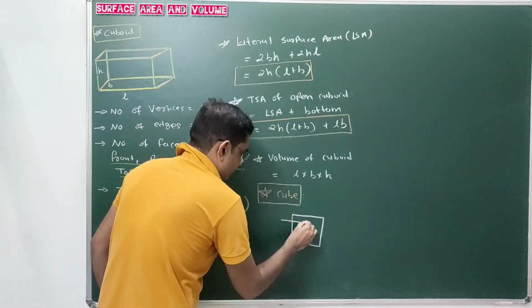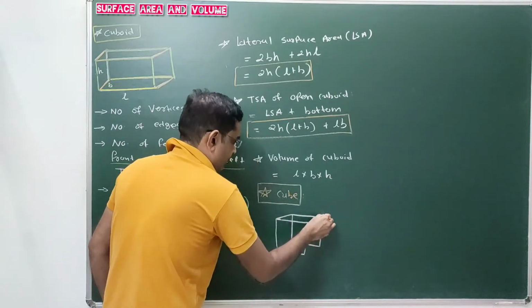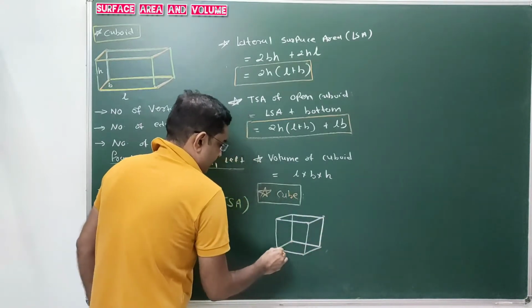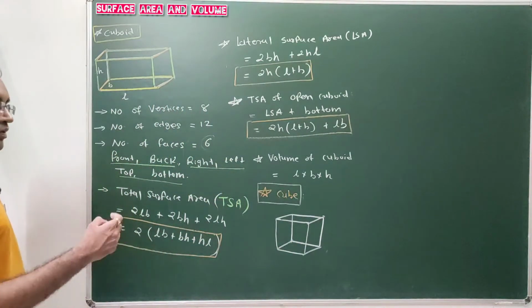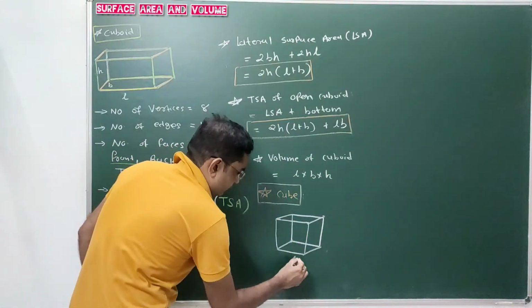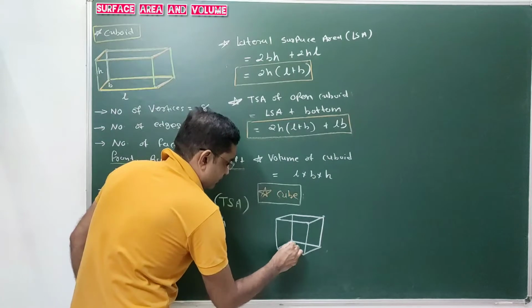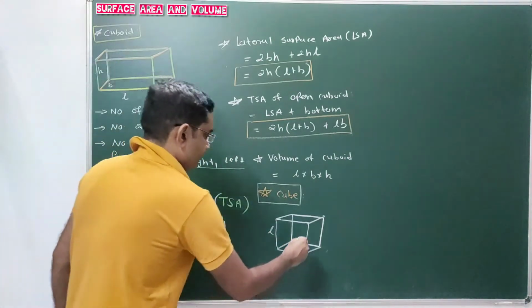That is the 3-dimensional figure obtained from the square. The 3-dimensional figure which is obtained from the square is cube, and the 3-dimensional figure which is obtained from the rectangle is the cuboid. Here length of all edges are equal: length is L, breadth is L, and height is also L.